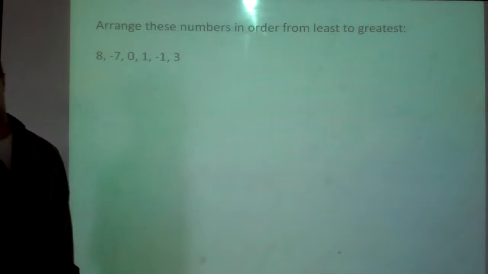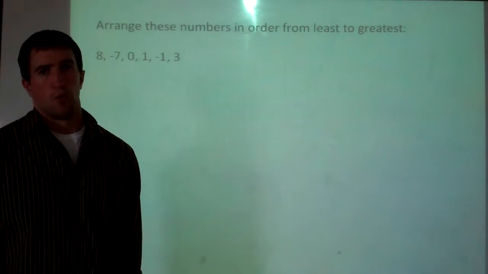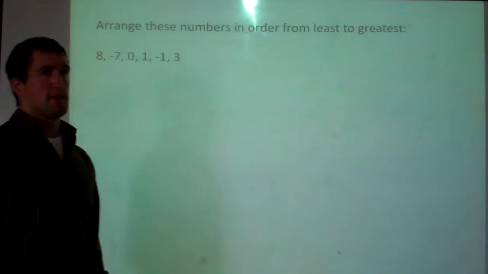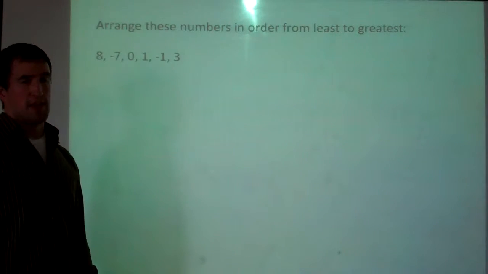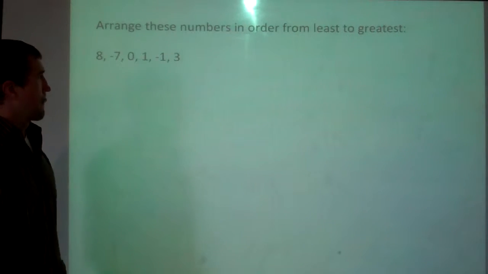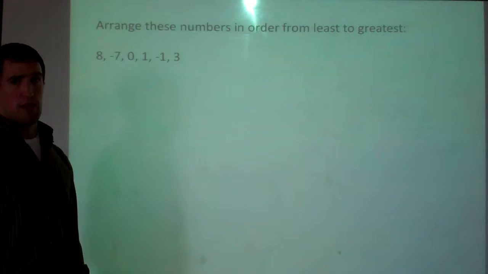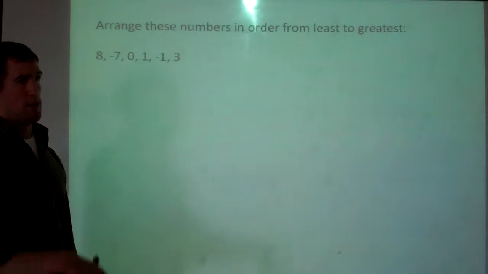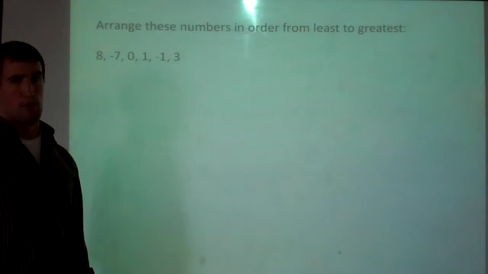I told students to think about temperature with these. If we've got negative degree weather, that's a lot colder than positive degree weather. So the more negative your number, the colder it'll be. The more positive your number, the hotter it will be.